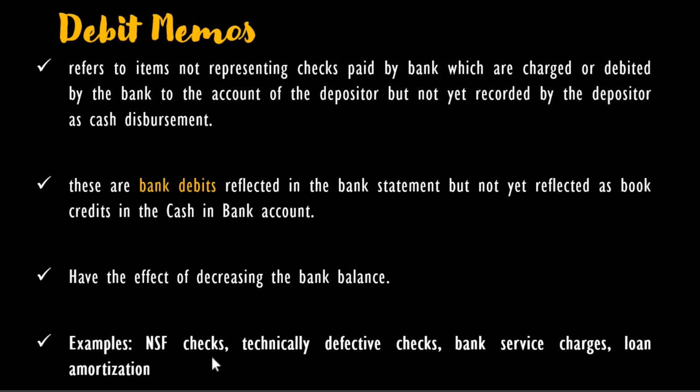But after the clearing period, if it is stamped as NSF, meaning it was ascertained that the check has no funds, the bank will return it. Since it was credited before, the bank will just debit the same amount and reflect it as an NSF check. So it has the effect of decreasing your cash balance.